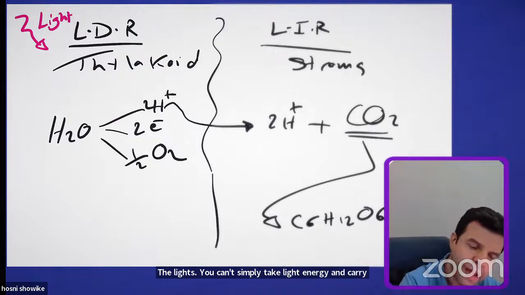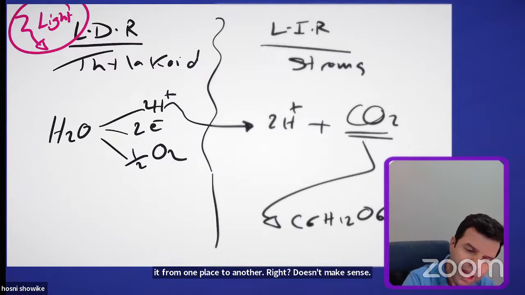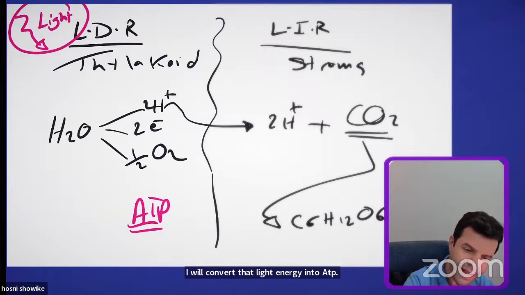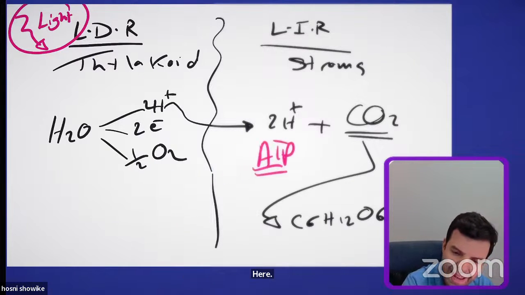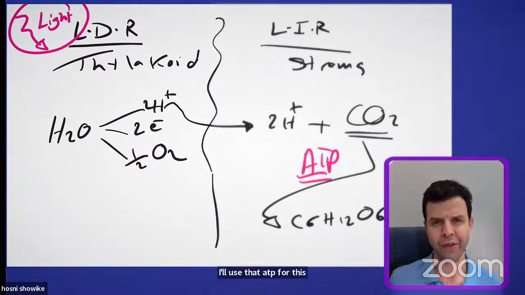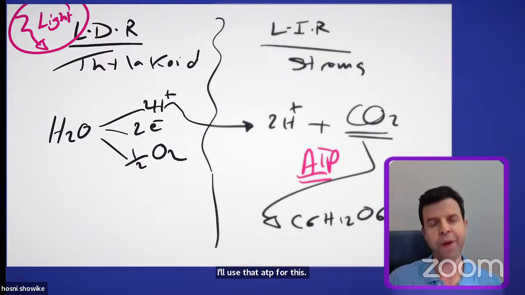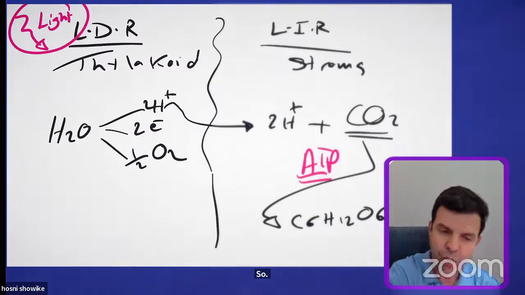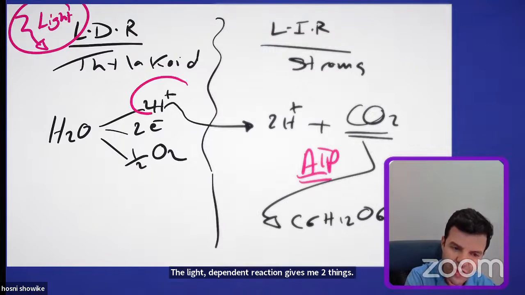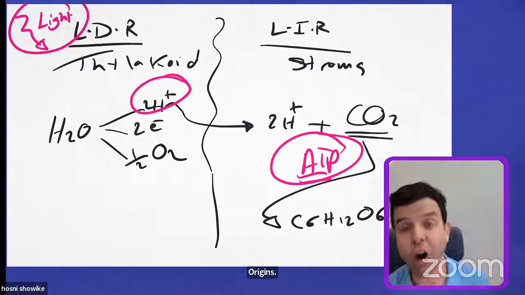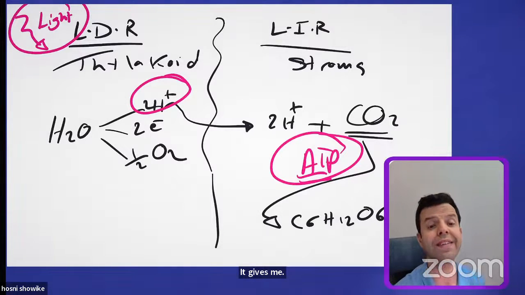For that reason, I will convert that light energy into ATP here, and I will use that ATP for this reaction. So to sum up, the light-dependent reaction gives me two things. It gives me those precious hydrogens. It gives me ATP, which are required for the light-independent reactions.